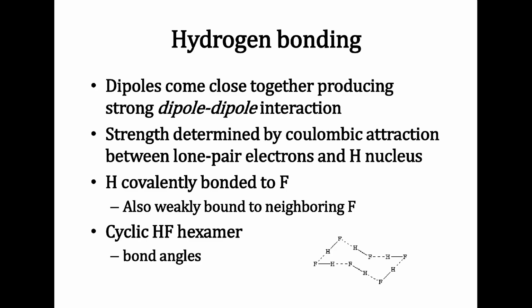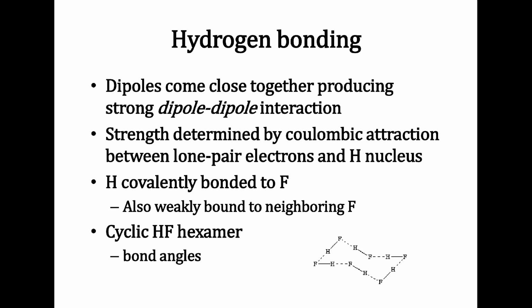So for hydrogen bonding, again, it's a special type of dipole-dipole interaction. It's just unusually strong. Whenever the dipoles get close enough, we can actually start to consider Coulombic attraction between that lone pair, like I specified on the previous slide, and that hydrogen. So for instance, down here I have a schematic of the cyclic HF hexamer.